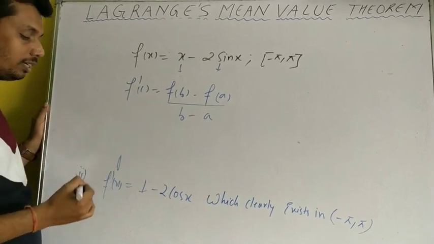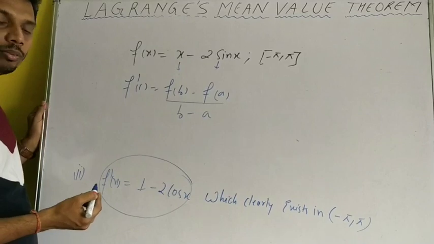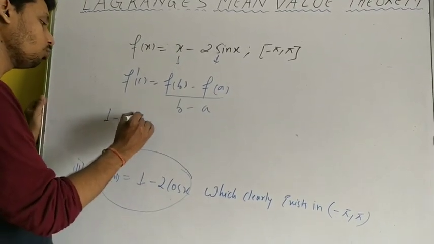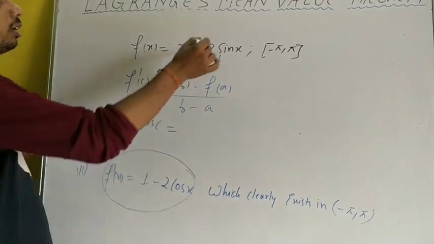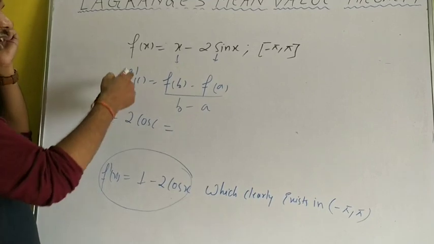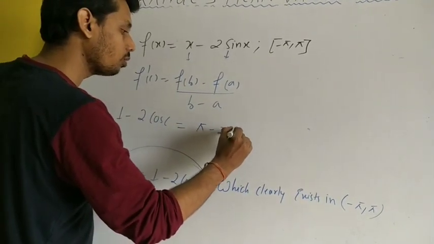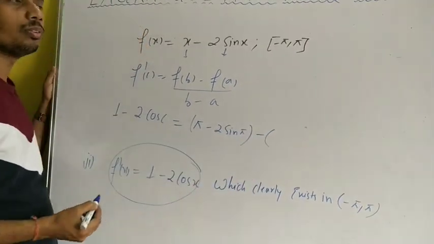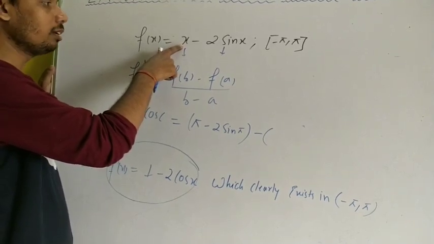Now f dash c, this is our f dash x. So f dash c will be equal to what? 1 minus 2 cos c, this is equal to f(b). Now this is f(x), so for f(b) you replace x by pi, so this is pi minus 2 sin pi. For f(b) minus f(a), you have to replace x by minus pi.